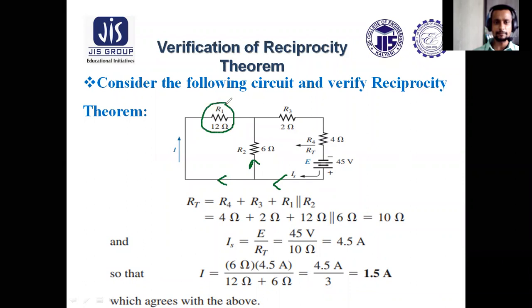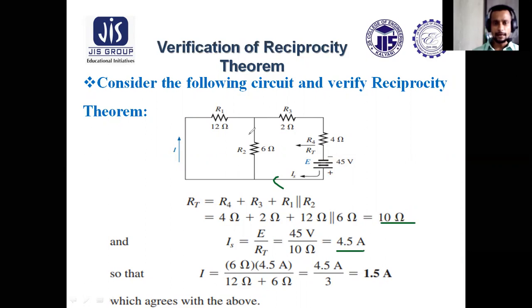This branch is in parallel with this, so R1 and R2 are in parallel. With this parallel combination, R3 and R4 are in series. So you have got RT equal to 10 ohm. Clear? Now as RT is 10 ohm, IS will be 45 by 10, that is 4.5 ampere.